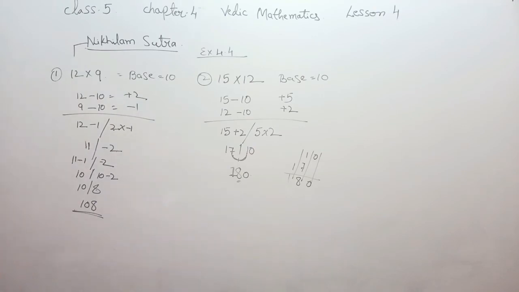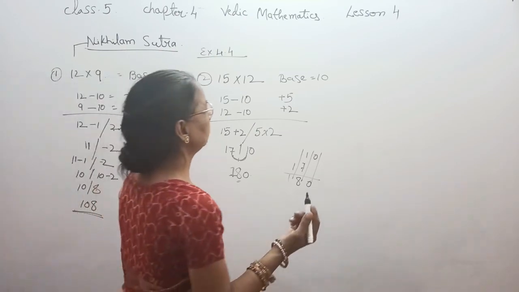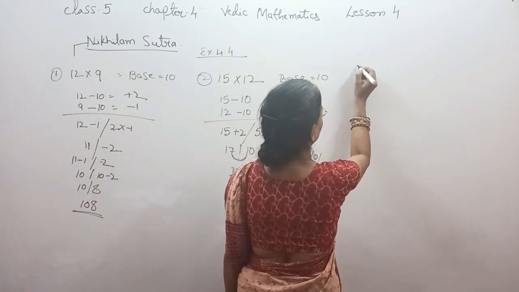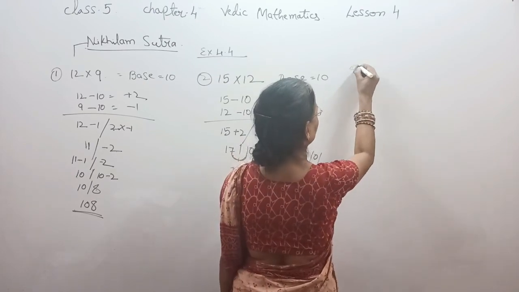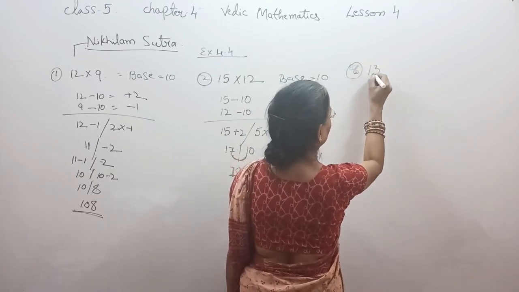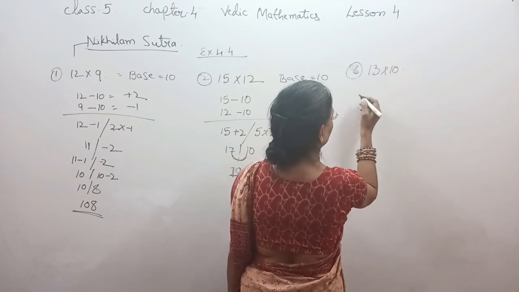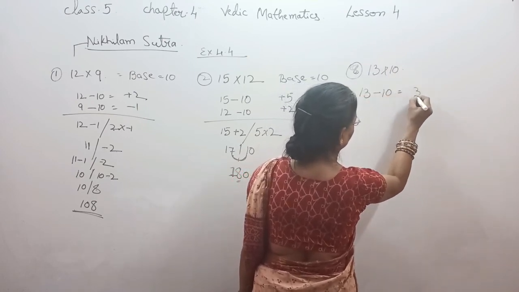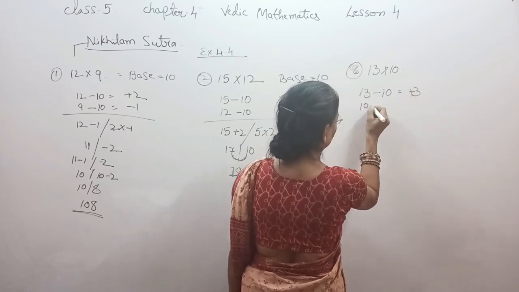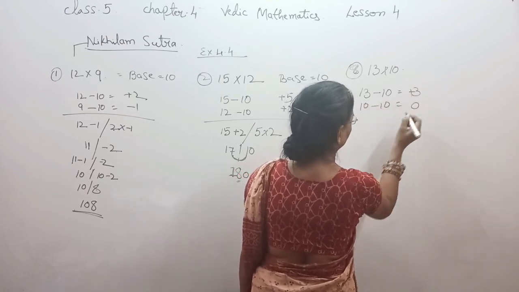Like this, you have to solve the questions. Now another question I will solve, question number 8: 13 into 10. 13 minus 10 is plus 3, and 10 minus 10 is 0.